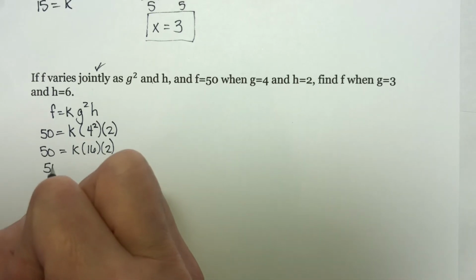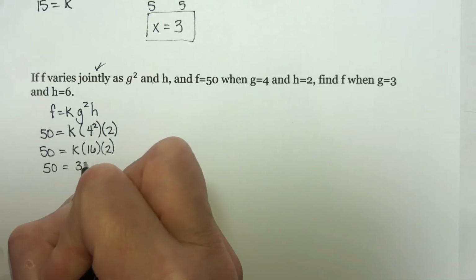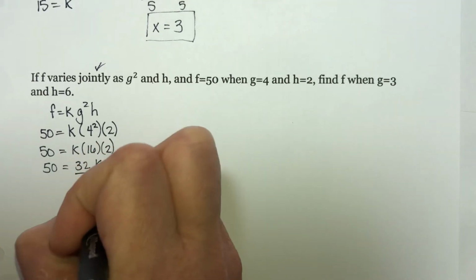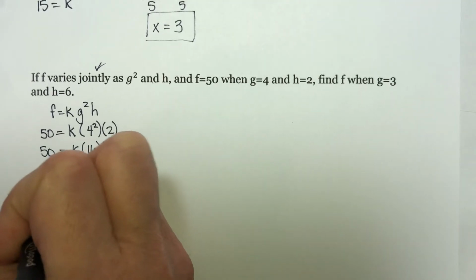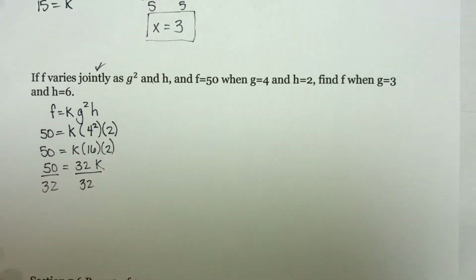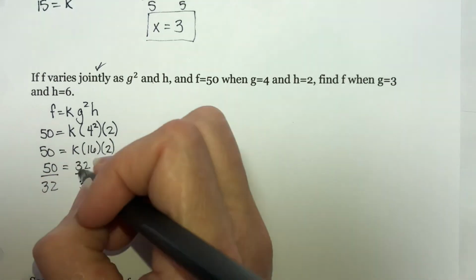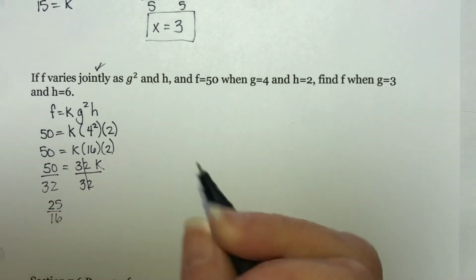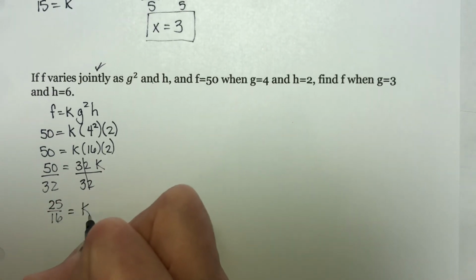So 50 is equal to 32k. Divide both sides by 32. And then you get 50 over 32, which reduces to 25 over 16. And that is equal to my k value.